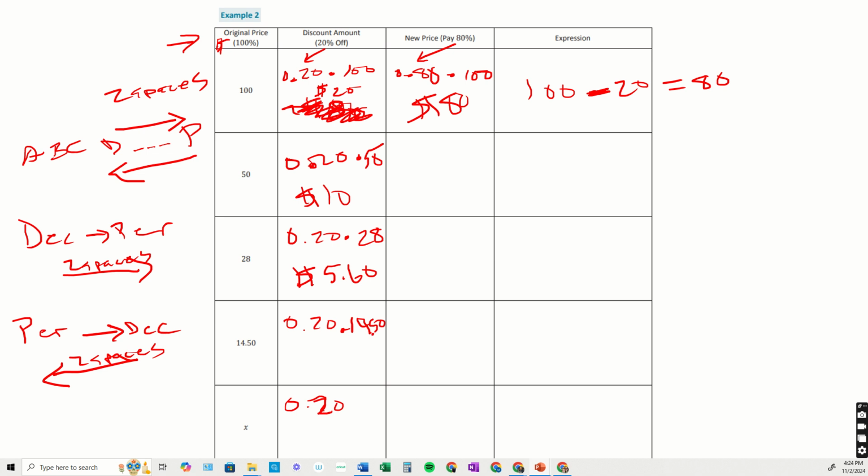This is going to get a little more tricky. I'm going to grab my calculator quickly. 14.5 times 0.2. Just double checking, never hurts to check on a calculator, and that's why we have it in class. It's $2.90 to be exact, not $290. $2.90 would be the 20% discount.